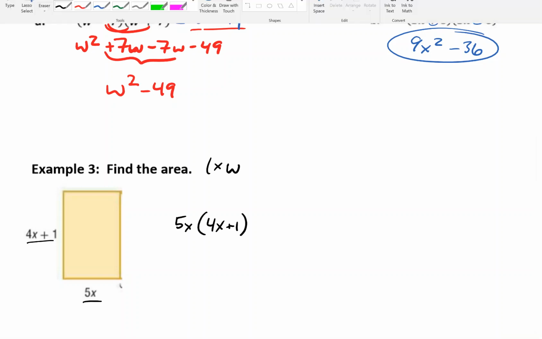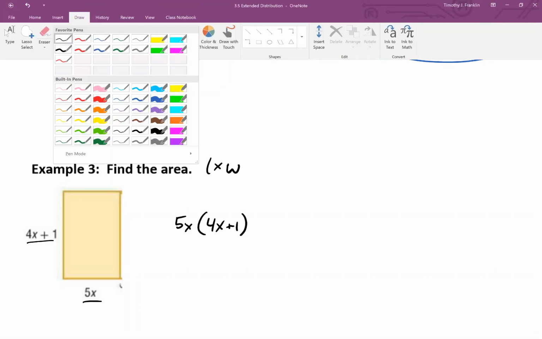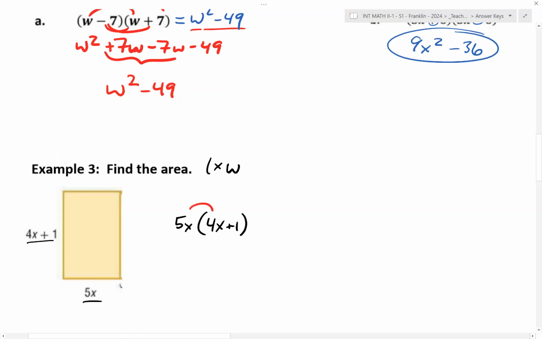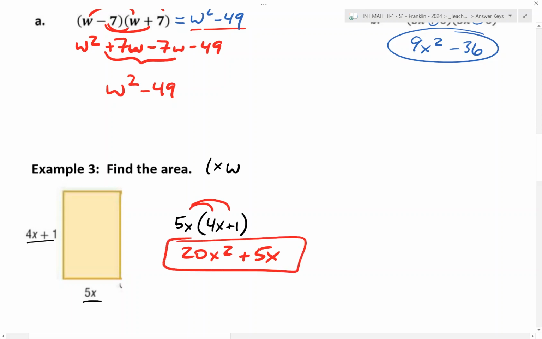And since we don't know any numbers and we don't have a total that the area is equal to, we're just going to simplify: 20x squared plus 5x. And that's the area of that rectangle, given the information we know. If we knew it was equal to some total, we could potentially figure it out, but we can't, so that's as far as we can go.